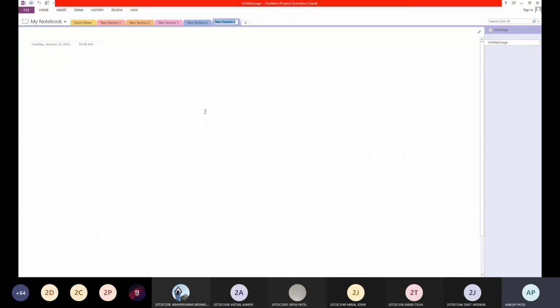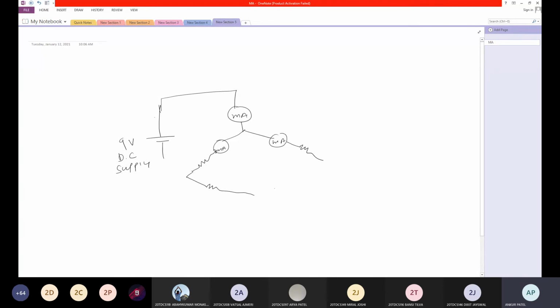So here I want to perform this KCL. Incoming current is equal to outgoing current. This is milliampere.